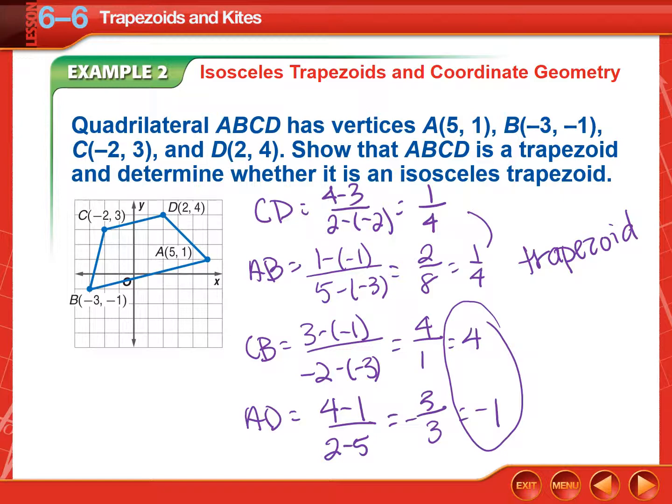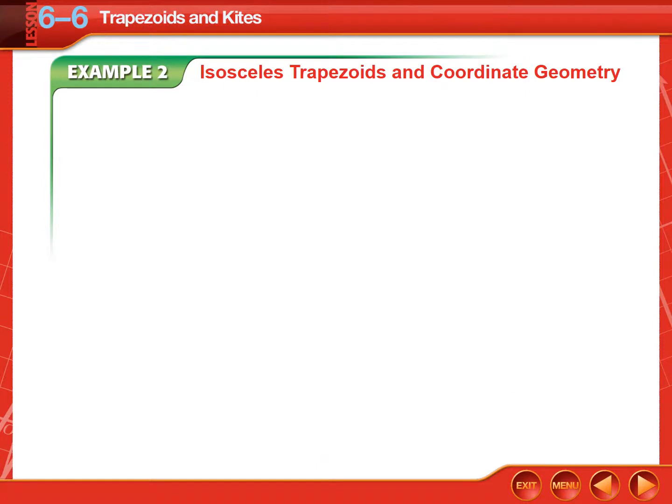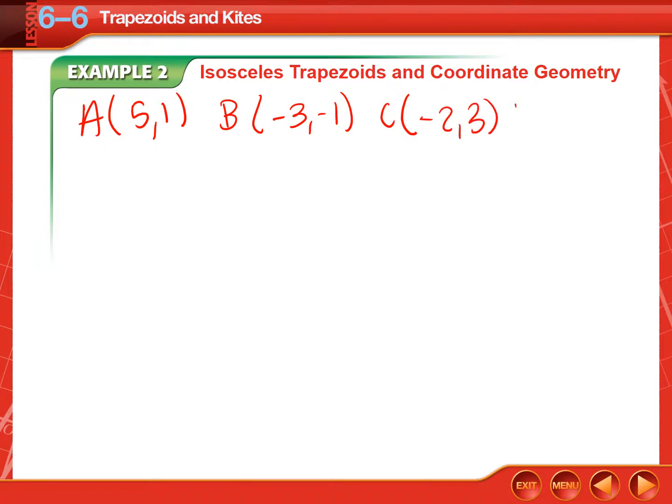So that's what we're going to prove right now on the next slide. In the previous problem, we had that A was (5, 1), B (-3, -1), C (-2, 3), and D was (2, 4). And we had just proven that it was a trapezoid.